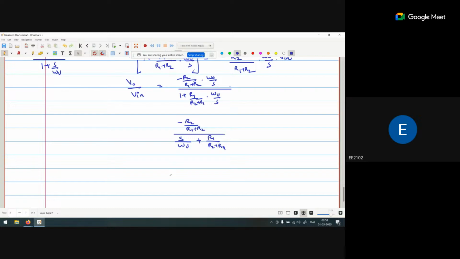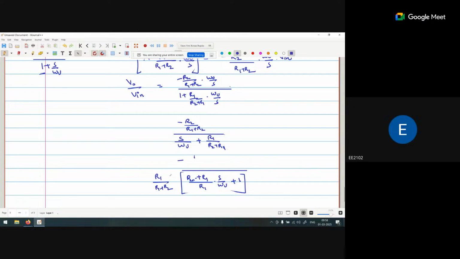Okay. Now the constant term should be 1. So what should I do? I take R1 upon R1 plus R2 as common. So the denominator becomes R1 plus R2 upon R1 times S upon omega U plus 1.